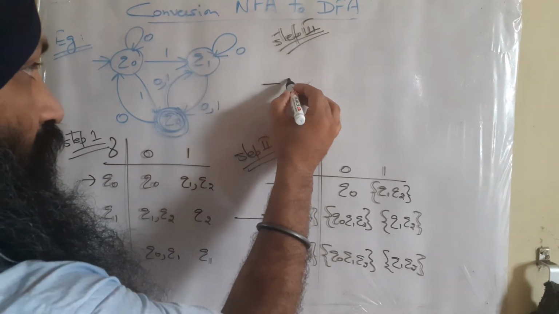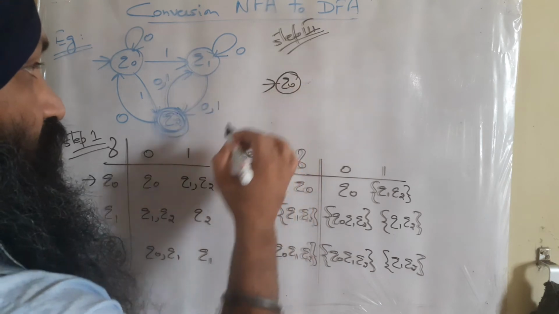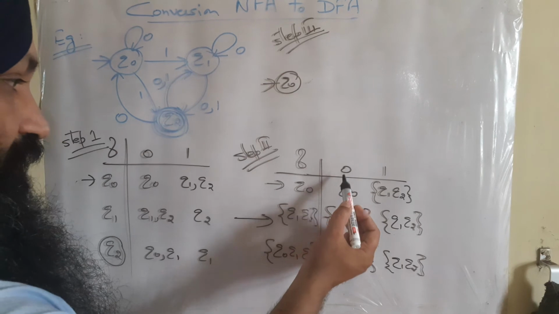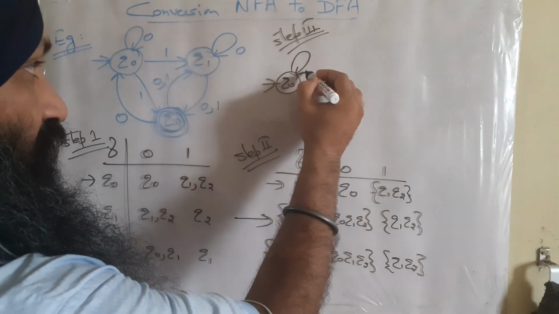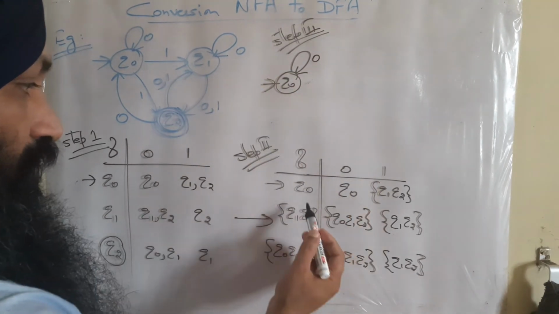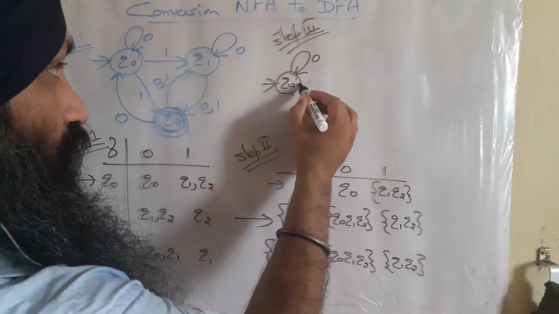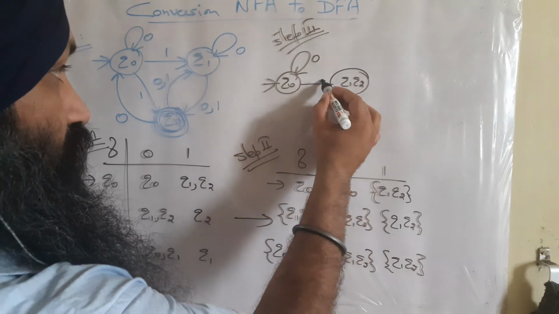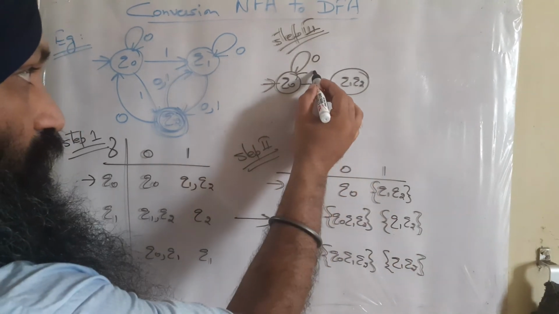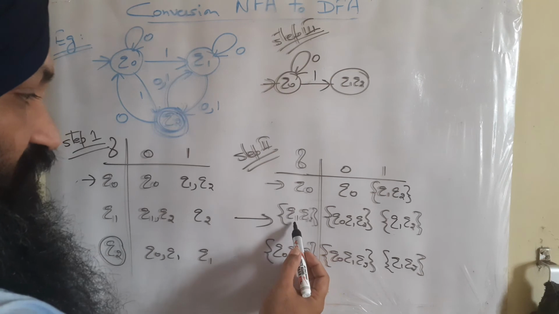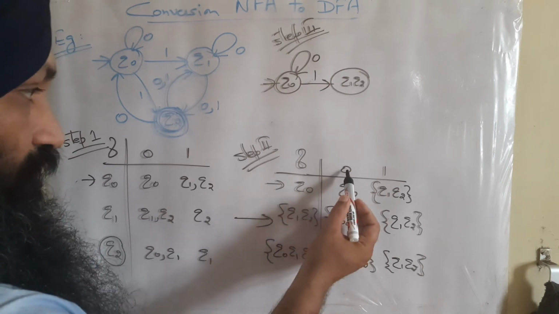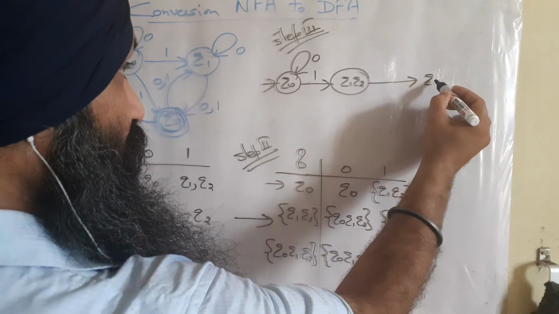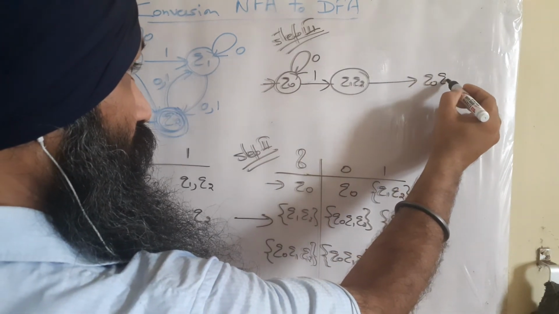So let's have the initial state as Q0, and from the table you can see that Q0 with respect to 0 moves to the same state, that is Q0. Q0 with respect to 1 moves towards another state, and its name is Q1 Q2. Now this new state Q1 Q2 with respect to 0 moves towards another state whose name is Q0 Q1 Q2.